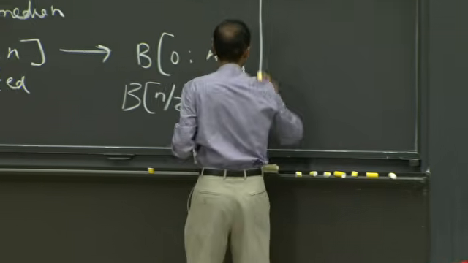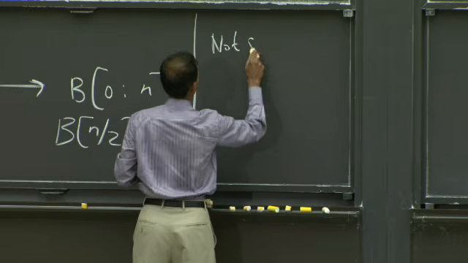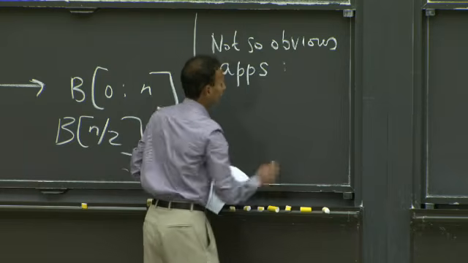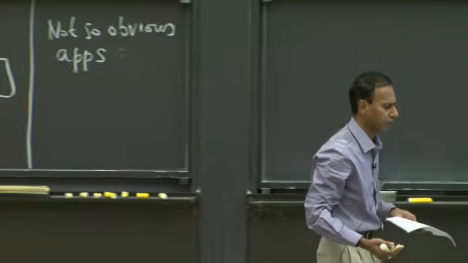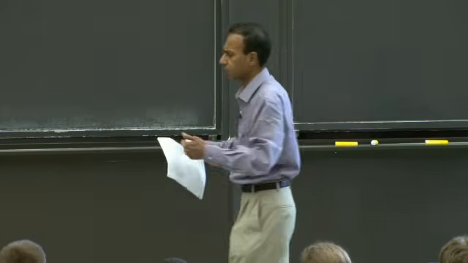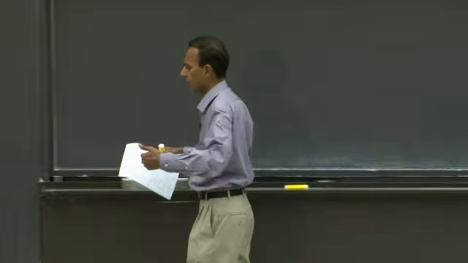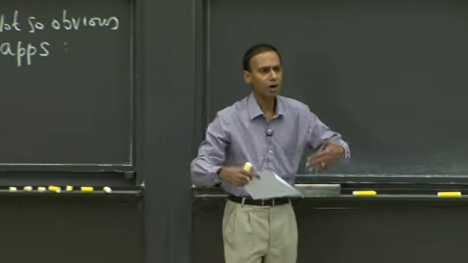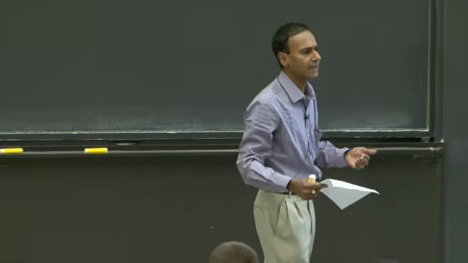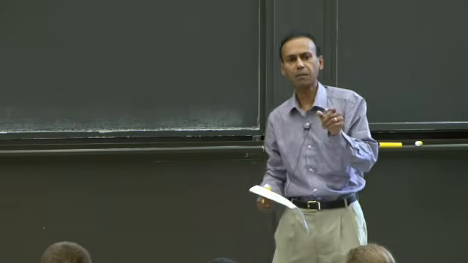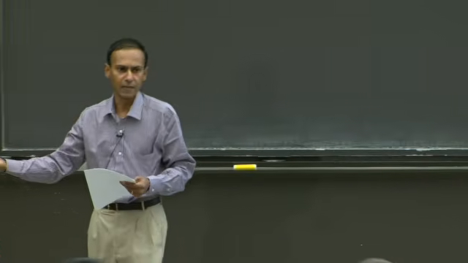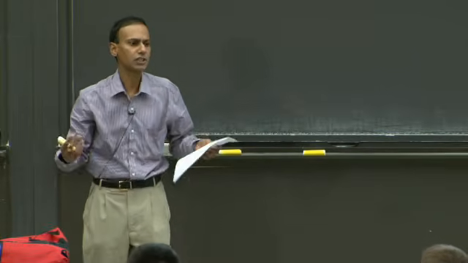And there are some not so obvious applications of sorting. For example, data compression. If you wanted to compress a file, and it's a set of items, you could sort the items, and that automatically finds duplicates. And you could say, if I have 100 items that are all identical, I'm going to compress the file by representing the item once and then having a number associated with the frequency of that item, similar to what document distance does.